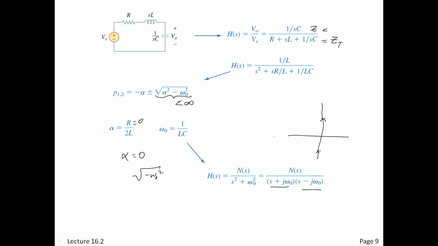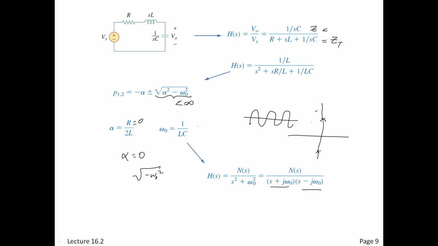What is this? Well, without the resistance to dampen things, this configuration is an oscillator. That's an unstable condition, but it's one that we like. So not all unstable things are bad. It's just, is it stable or not?